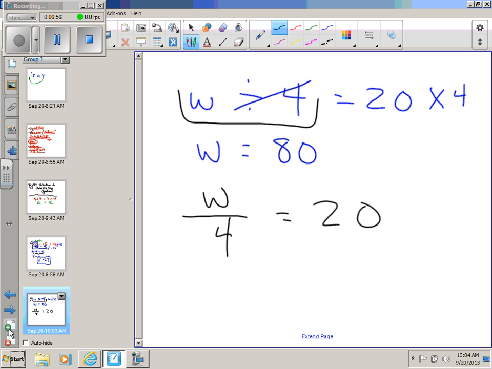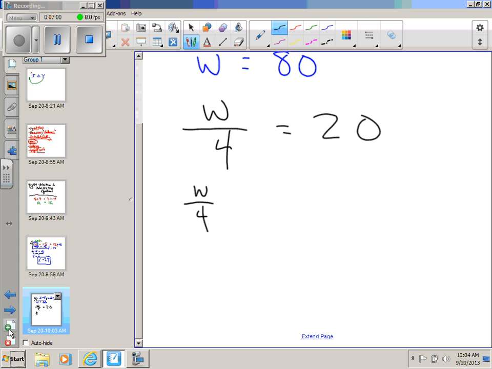So if I multiply or divide with fractions, everything has to be in fraction form. So let's look at that W divided by 4. I'm going to multiply it by 4 on that side. On this side, I'll multiply it by 4 like so. When I look and I say, okay, 4 and 4, anything in common? There's 1, there's 1. What's 1 times W?